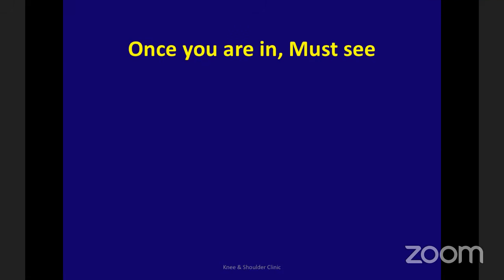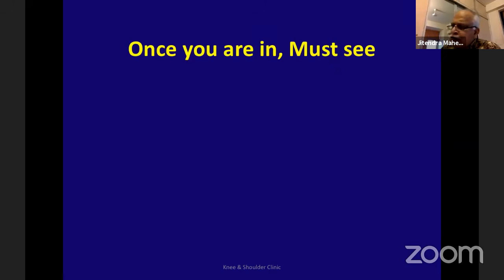Sir, while doing ACL reconstruction through the anteromedial portal, do you do two vertical portals or one single lower anteromedial horizontal portal? So I make only two portals. I don't make three portals in ACL, because my viewing portal, the first portal, is quite midline. That's why I told you.